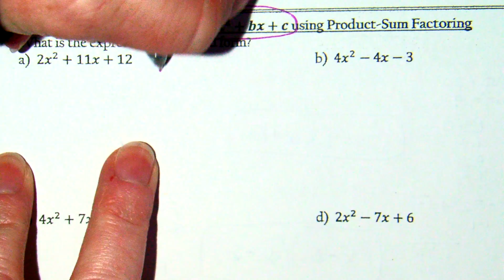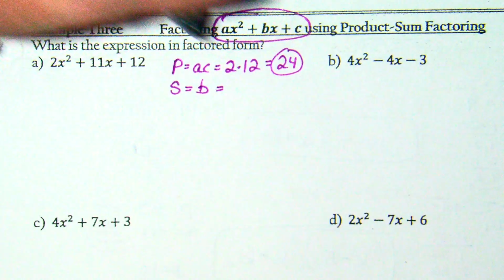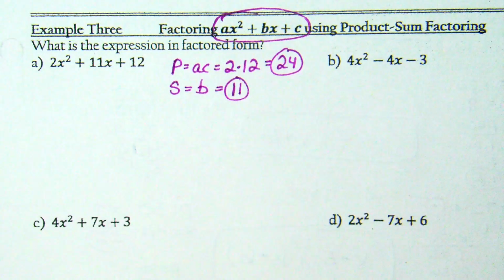So, we're going to be doing a product of 24. And a sum, your sum is still the same. It's going to be the sum of the B value. What is my B value? 11. Okay, so the only difference so far is that when I'm doing my product and sum, I had an a value out here, so I have to include that as part of my product.